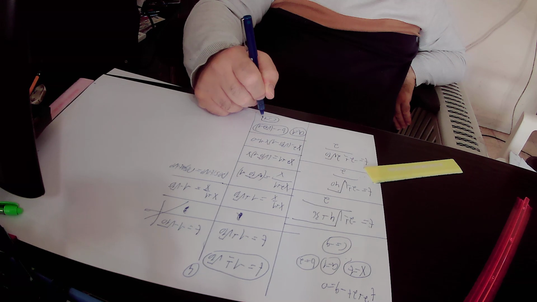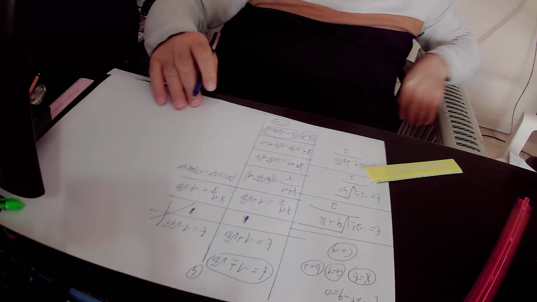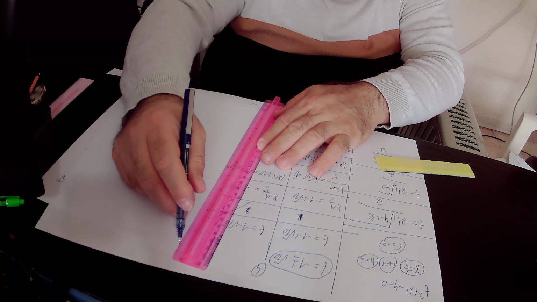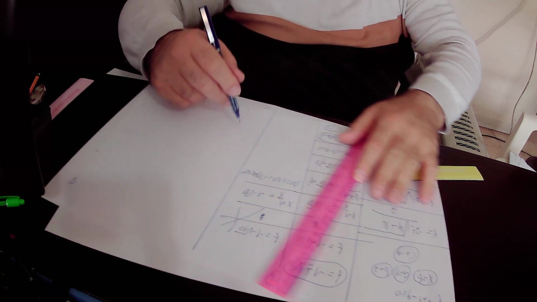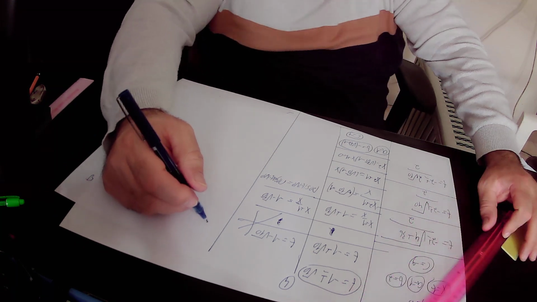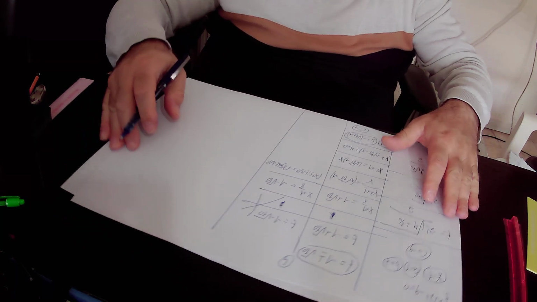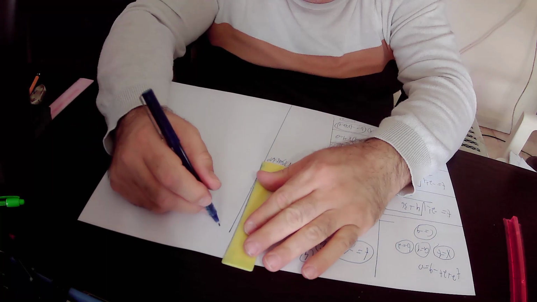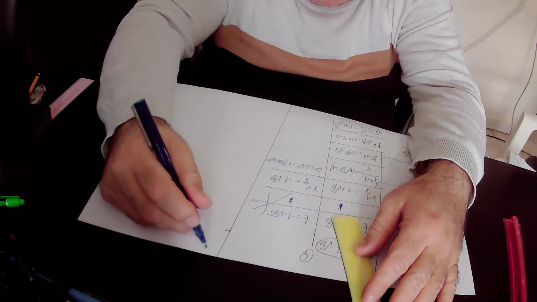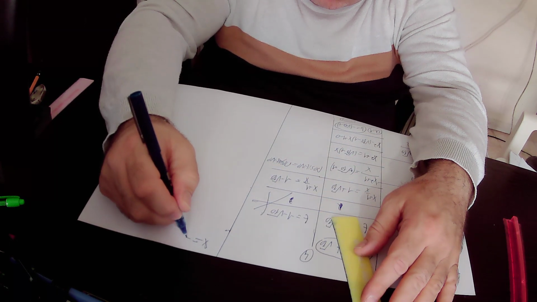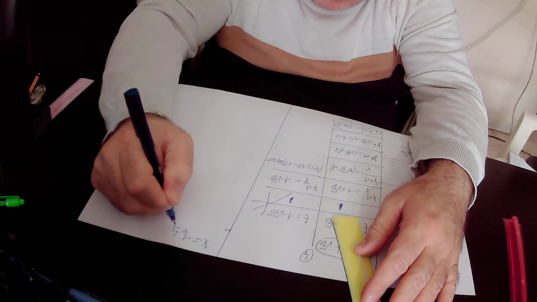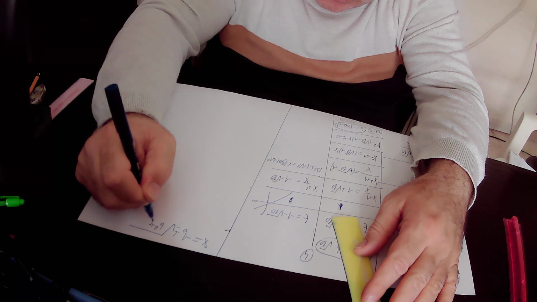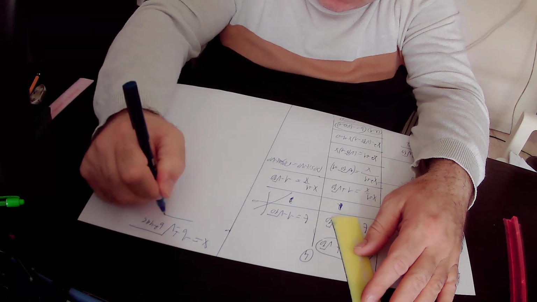And the general solution for a quadratic equation, or the general formula for x, is actually x equals minus b plus minus square root of b squared minus 4 times a times c, over 2a.